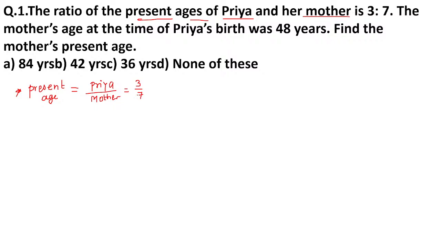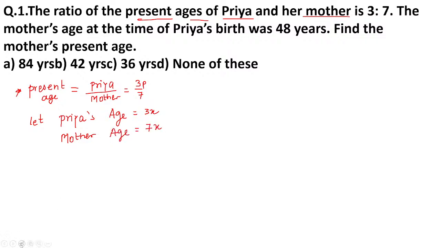Correct? Okay. So let us consider, let Priya's age be 3x, or 3 parts we can say, and her mother's age, let it be 7 parts or 7x.